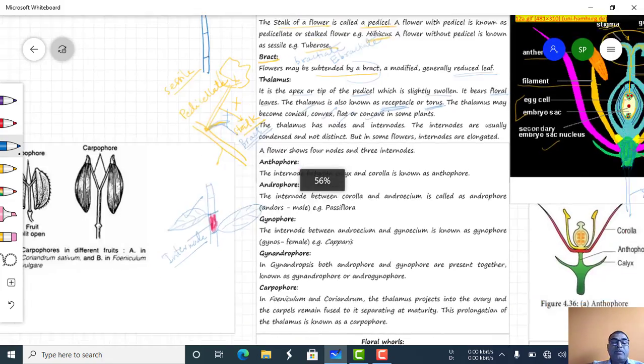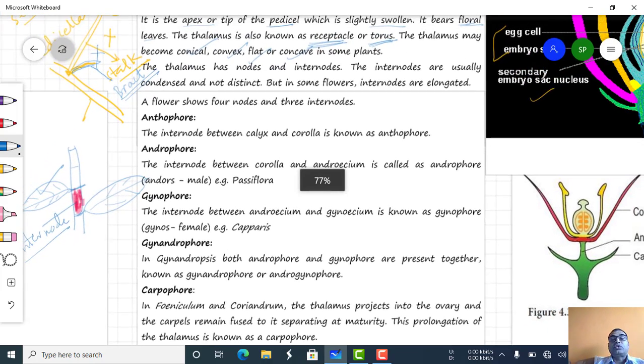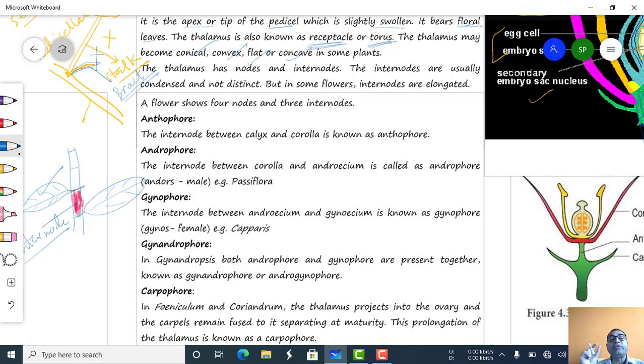So this thalamus also shows presence of nodes and internodes. This is the evidence which clearly states that the flower is a modified shoot. Internodes are usually condensed. Suppose this is a typical flower: this is a calyx whorl, this one is a corolla whorl, and this one is an androecium whorl.